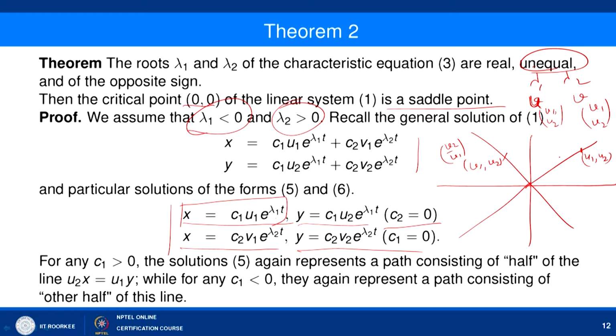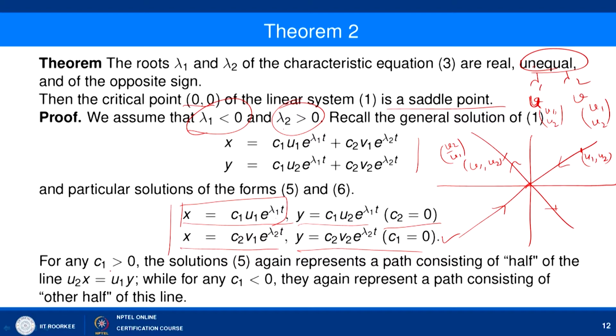So here the solution will tend to the origin as t tending to infinity. Now as lambda 2 is greater than 0, when C1 is equal to 0, your x and y both are tending to infinity. So it will move away along the line passing through (v1, v2) here, is it okay.